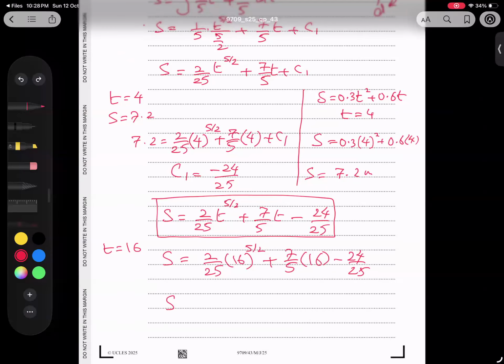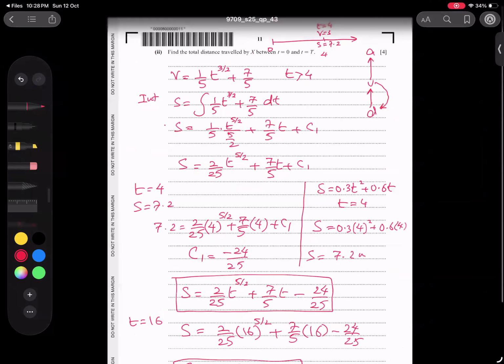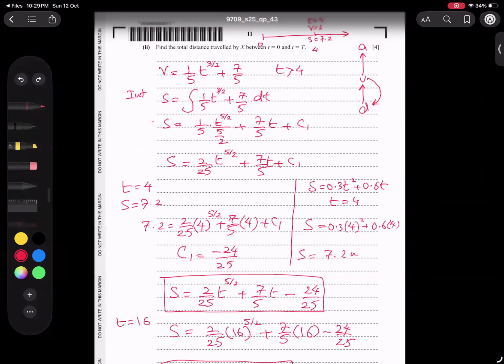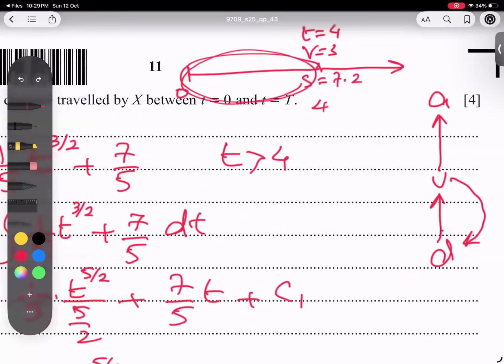Just type it in the calculator: 2 divided by 25 into 16 to power 5 divided by 2, plus 7 over 5 into 16, minus 24 over 25. My answer turns out to be 103.36 meters.